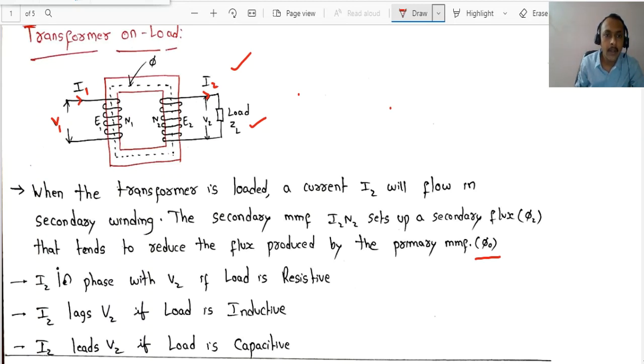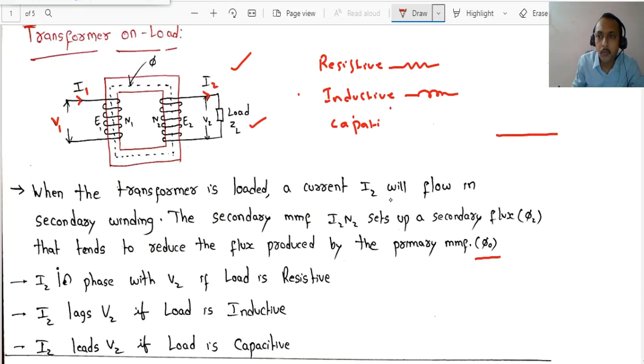Now, depending upon the load, whether the load is resistive, inductive or capacitive, the angle between voltage and current will depend. If it is a resistive load, the secondary side voltage V2 and I2 will be in phase.